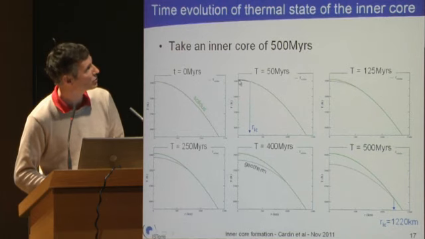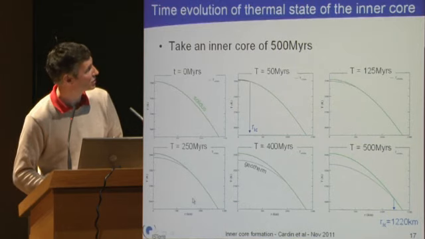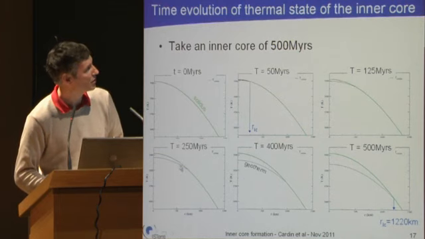After 15 million years, this is the geotherm in black, and the geotherm meets the solidus at the inner core boundary. You can see the time evolution of the geotherm: the Earth cools down, and the inner core forms due to this cooling.